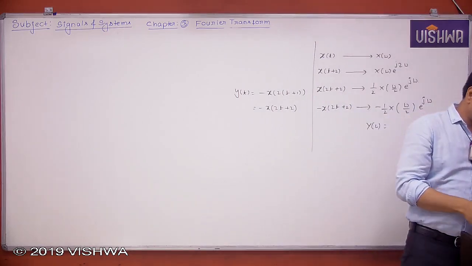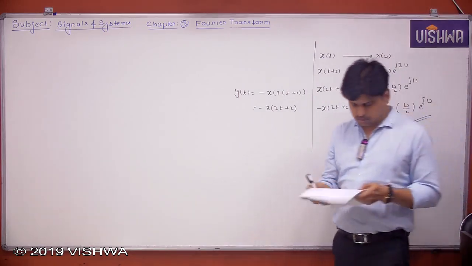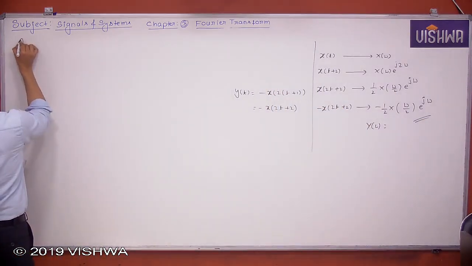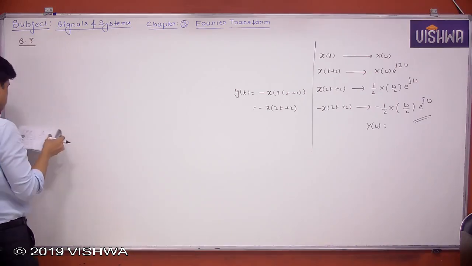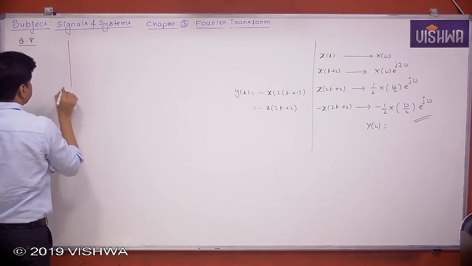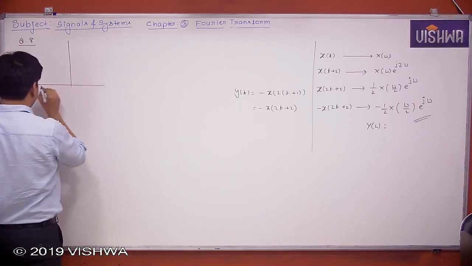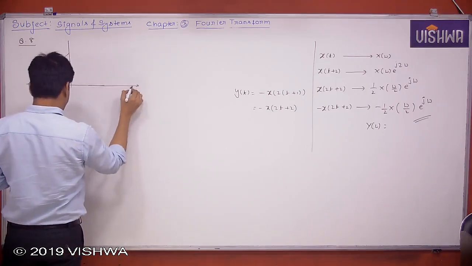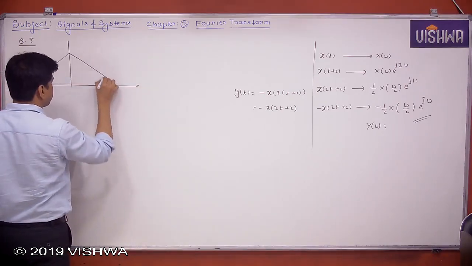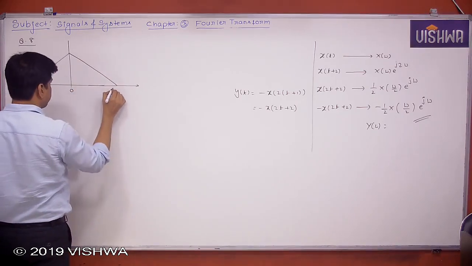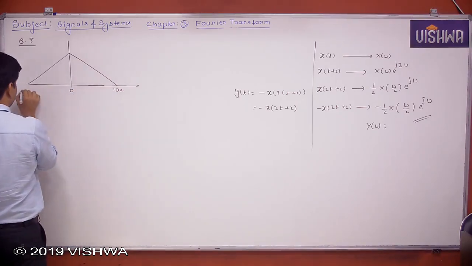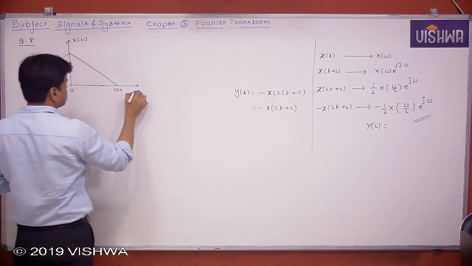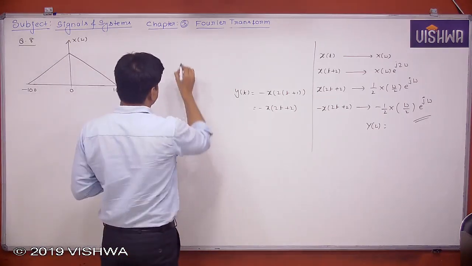Question number 8. Let's say here x of omega is given and y of omega is given.